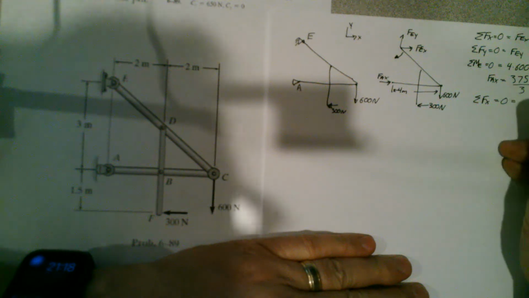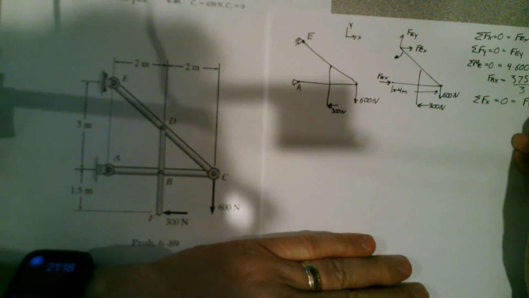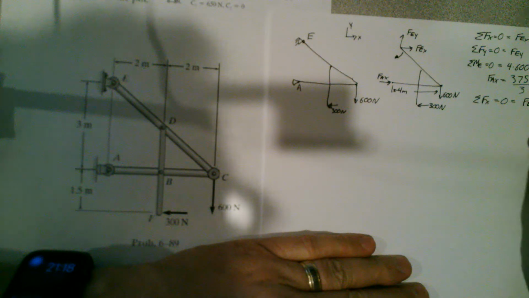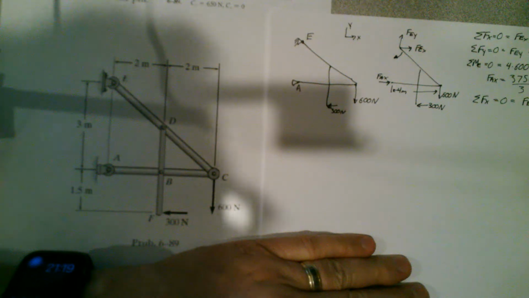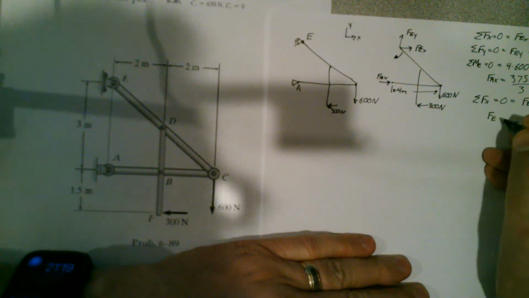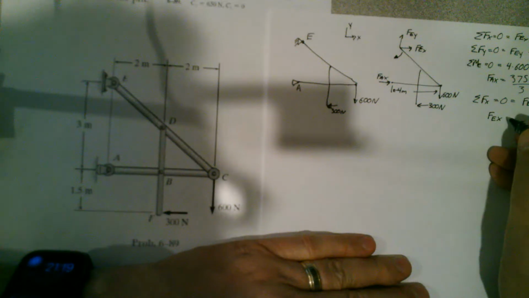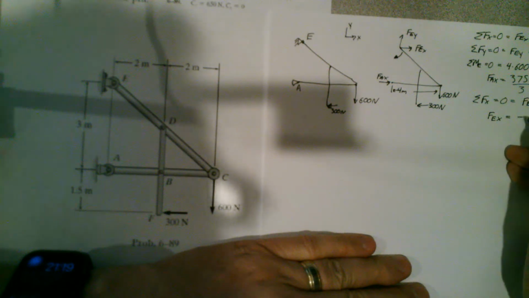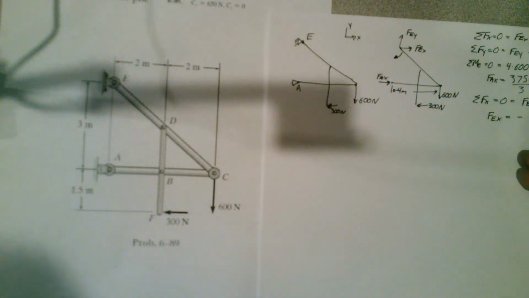We get FEX plus 1250 minus 300. So FEX is going to equal minus 950. Does that sound right?